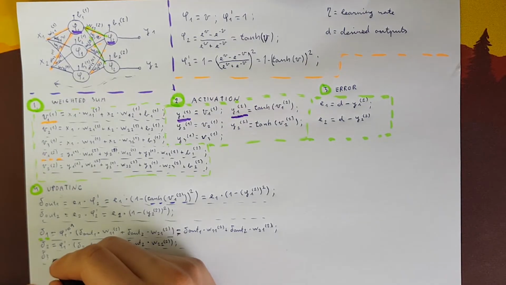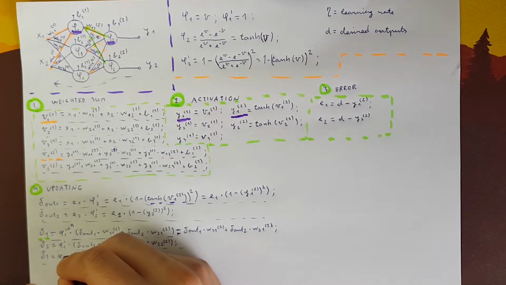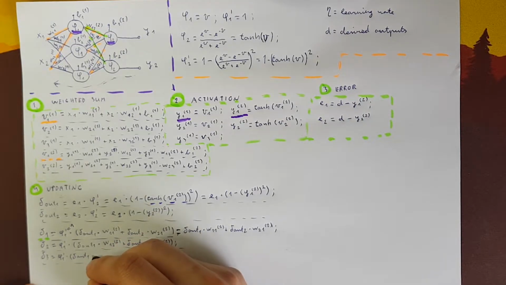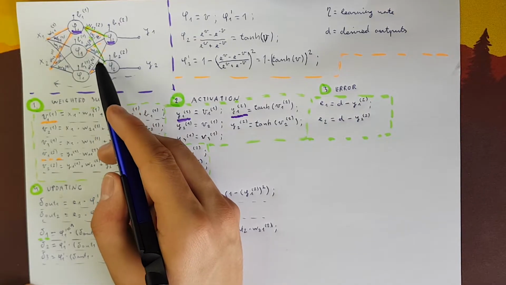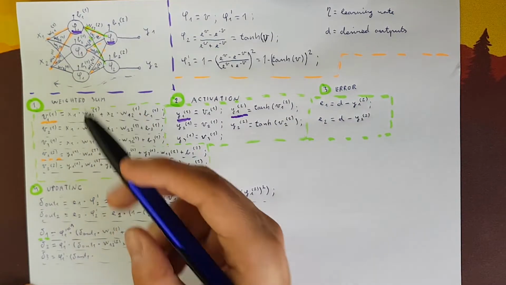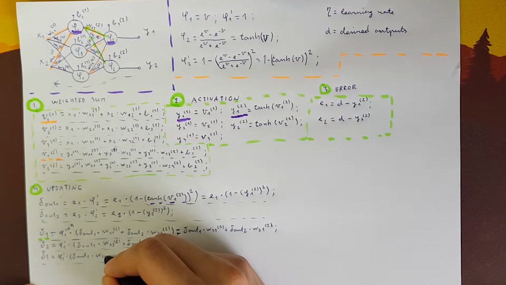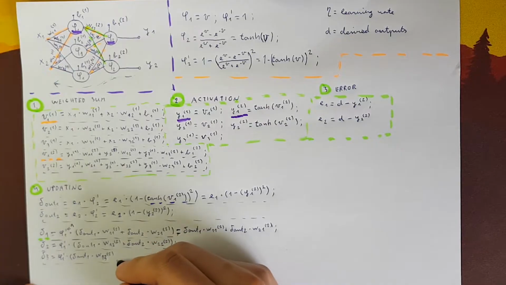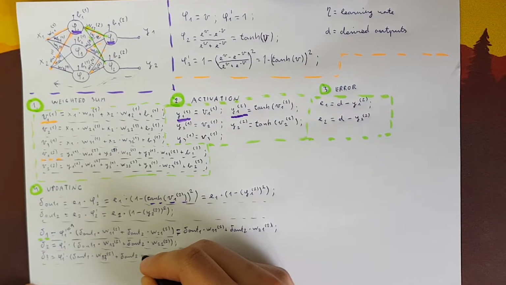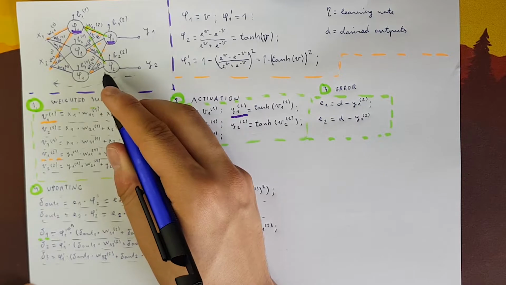And delta 3 is phi 1 derivative multiplied by delta out 1, which is for the third neuron of the first layer, it is W13 of the second layer plus delta out 2 multiplied by W23 of the second layer.